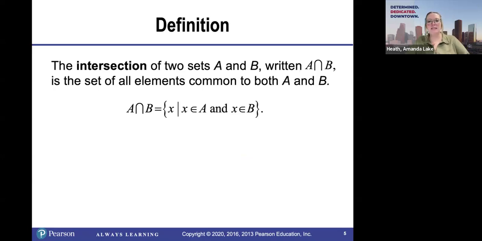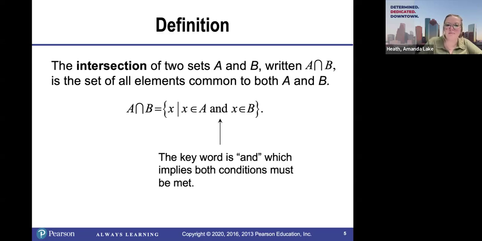We can write this with this kind of upside-down U. That's our set notation for intersection, and it denotes all the elements in common to both A and B. We could write this in set-builder notation as x such that x is an element of A and x is an element of B. The keyword again is "and", so both of those conditions need to be met.